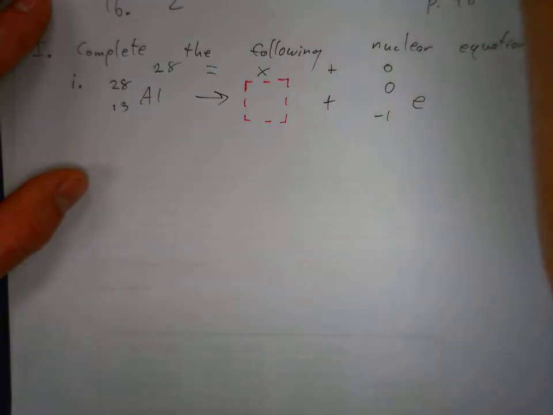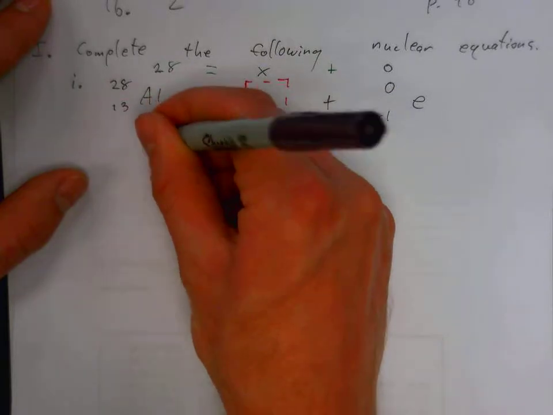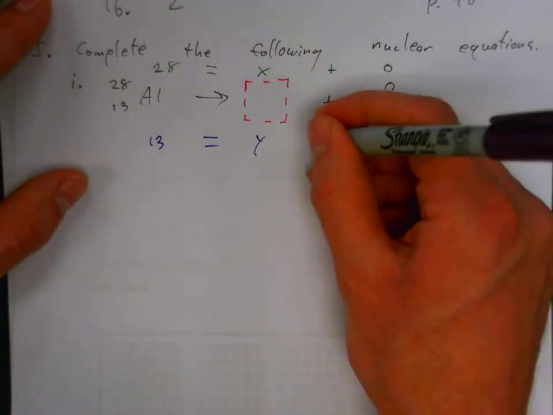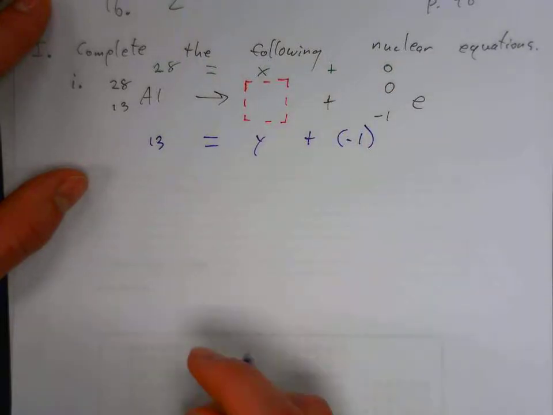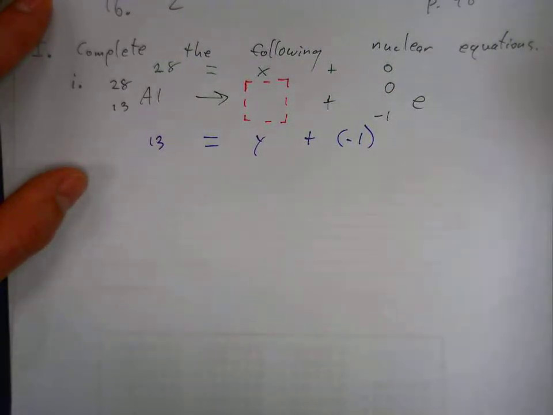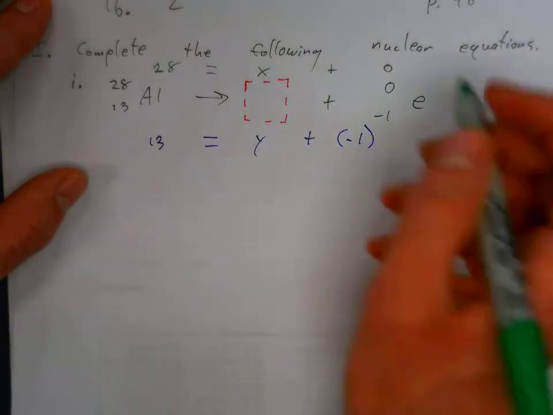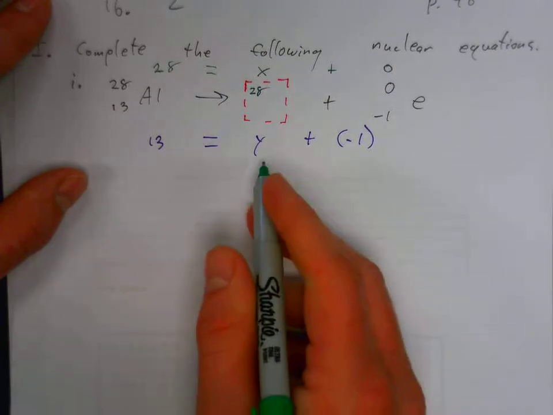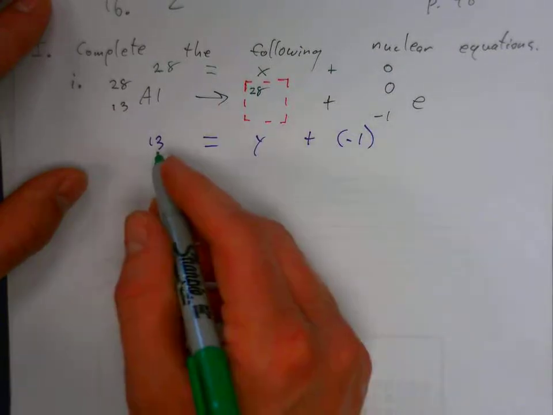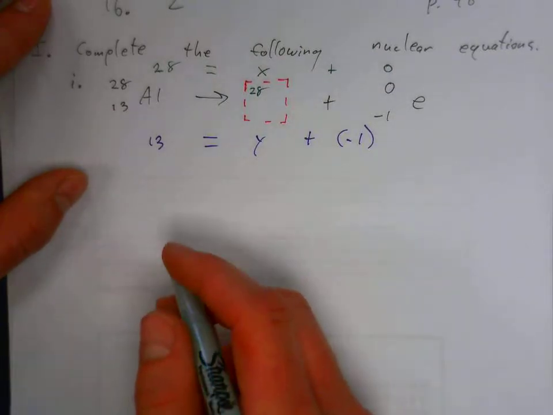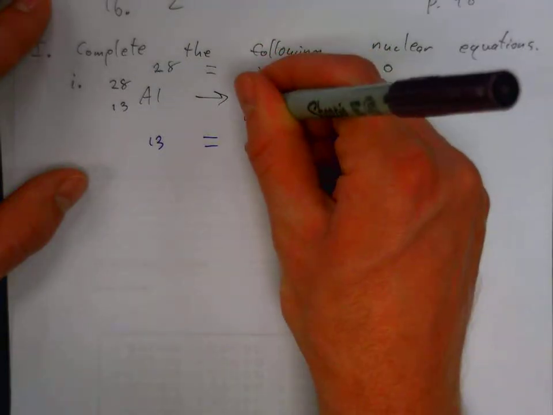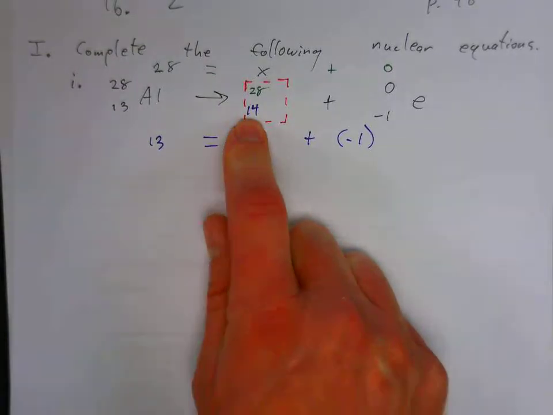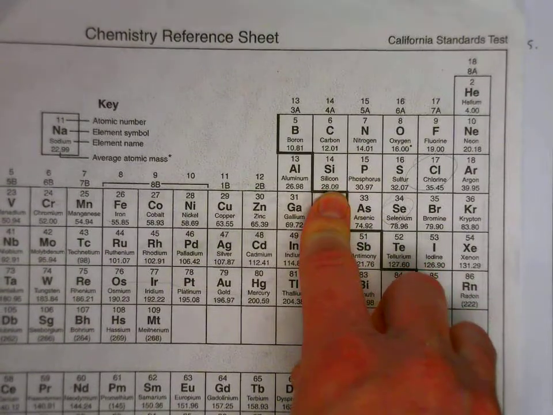And we do the same for the bottom numbers. 13 equals the unknown y plus -1. Now if we solve for x and y, x equals 28, and y, we would add 1 to both sides, so y is 14. Now we just look up the element that has atomic number 14, and that's silicon.